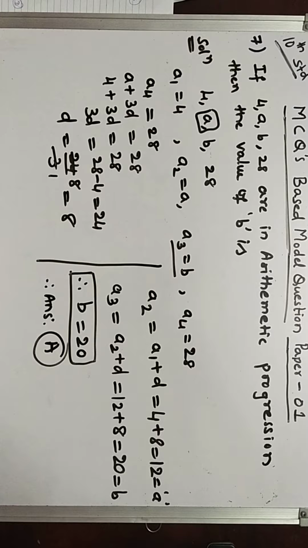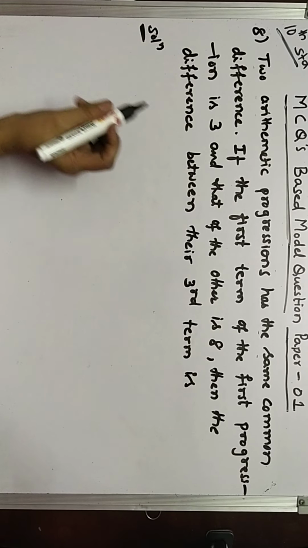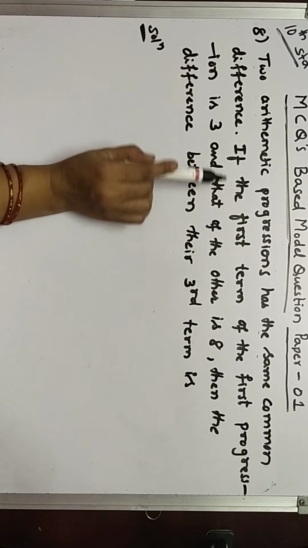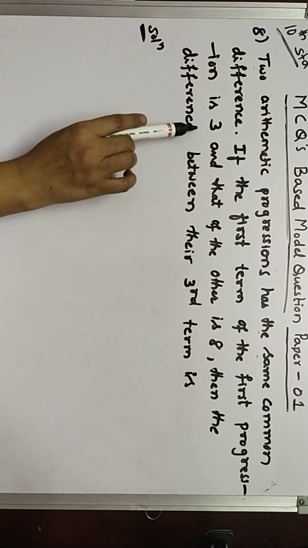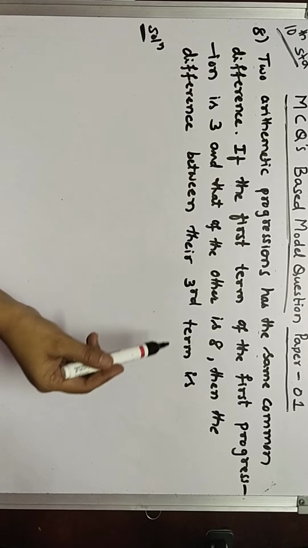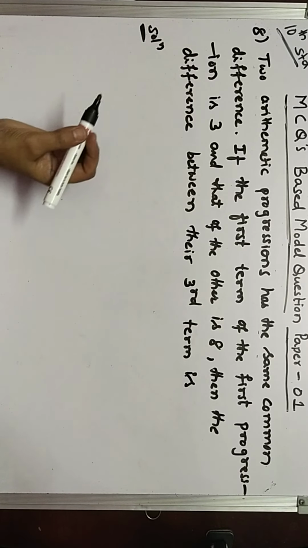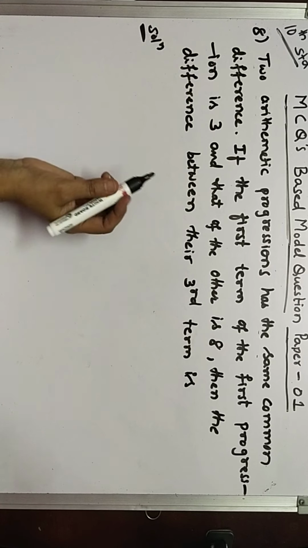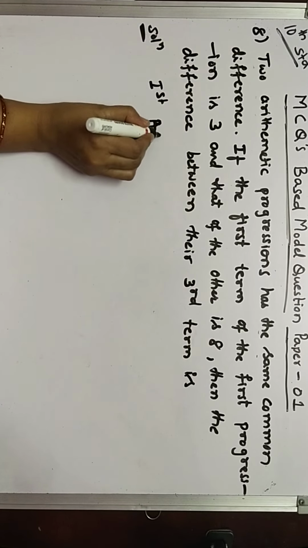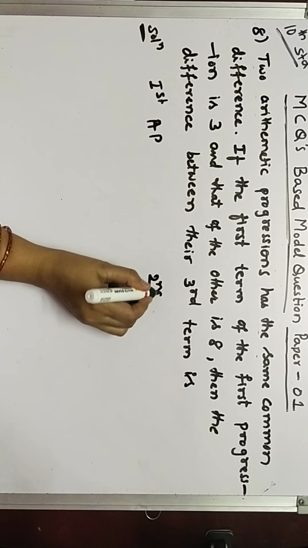Next, question number 8. Two arithmetic progressions have the same common difference. If the first term of the first progression is 3 and that of the other is 8, then the difference between their third terms. They are asking the third term. So first you write here the first AP, and here the second AP.